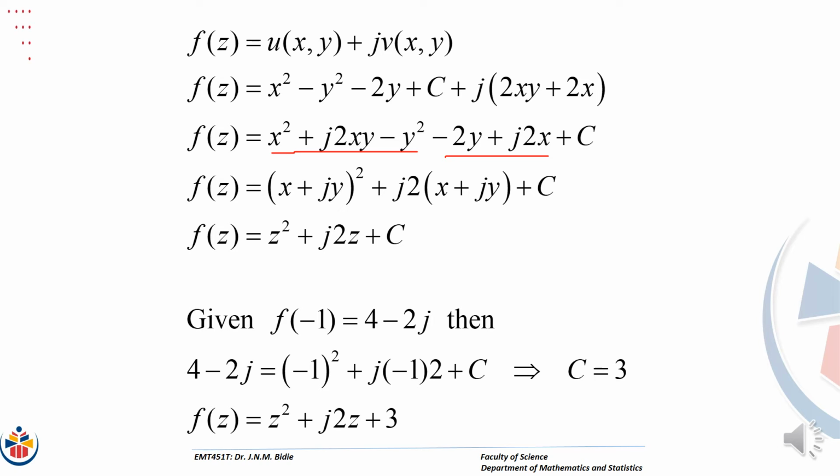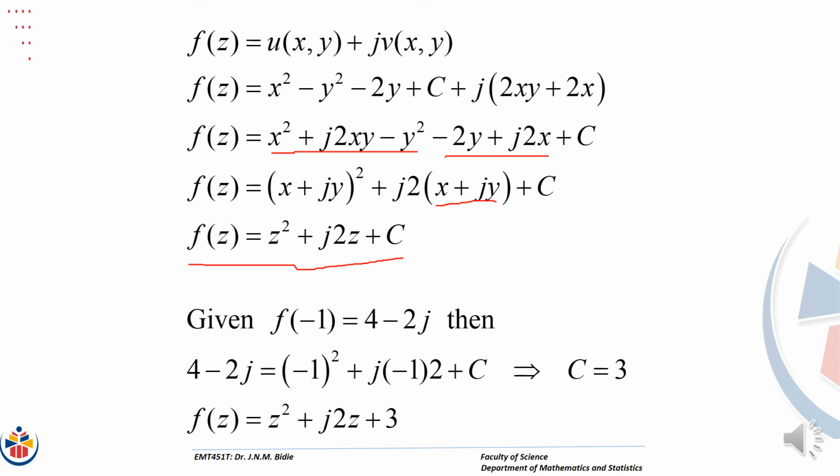Remember, what we're trying to find is to make sure that our f is in terms of z. So whatever term we come up with must have x plus jy, which is z. So we end up with f of z equal to z squared plus j2z plus c.